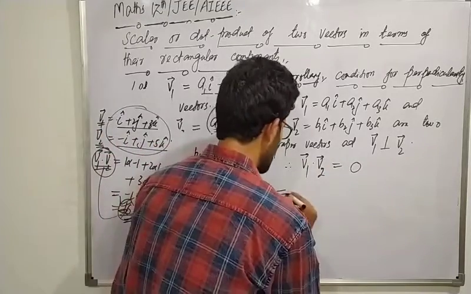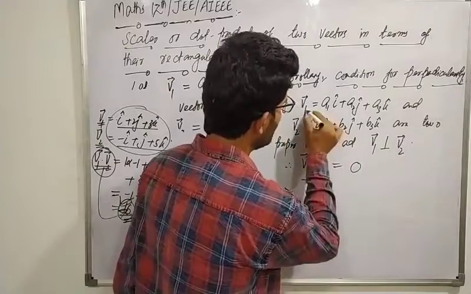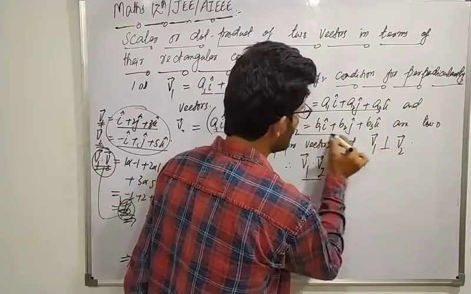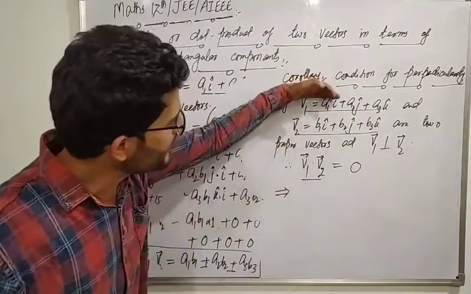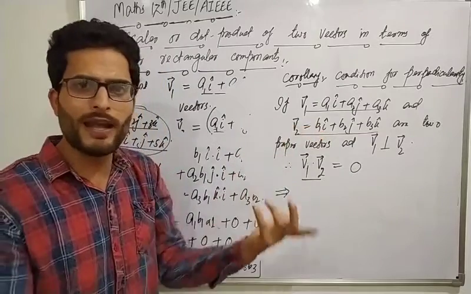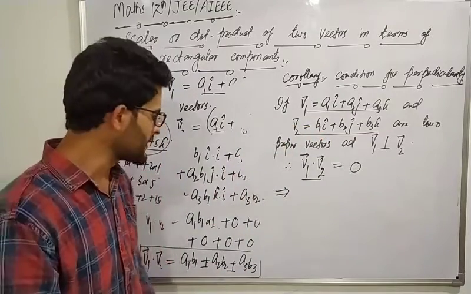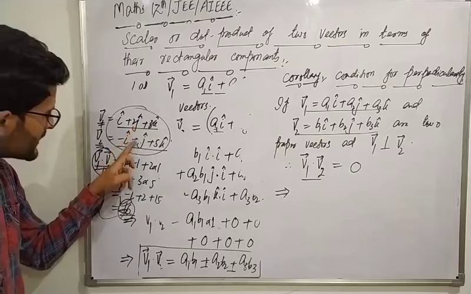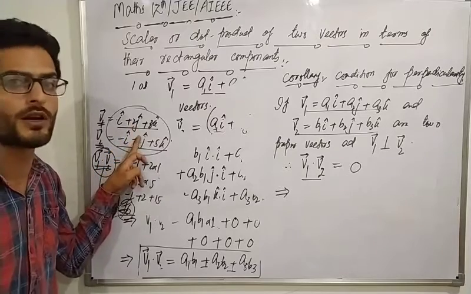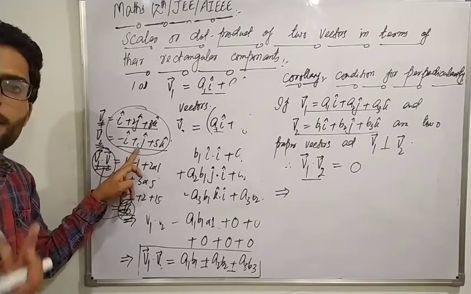So implies now v1 dot v2, v1 वेक्टर का डॉट करना है v2 वेक्टर के साथ, लेकिन यहां पे v1 वेक्टर और v2 वेक्टर जो है, that have been expressed in terms of their rectangular components. और अभी हमने पढ़ा है, when two vectors are expressed in terms of their rectangular components, तो उनका डॉट प्रोडक्ट किसके बराबर होगा?